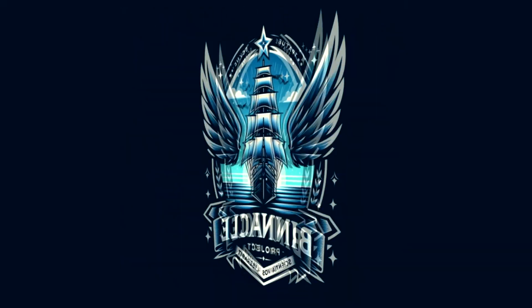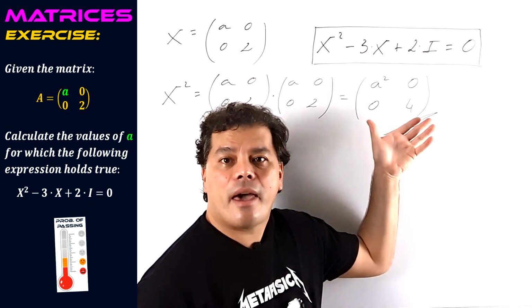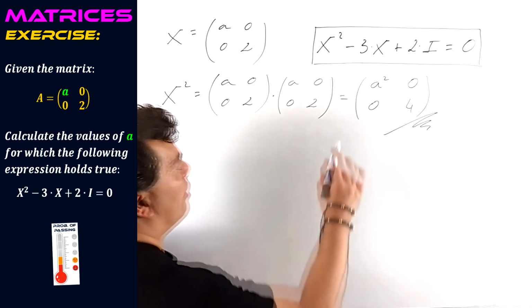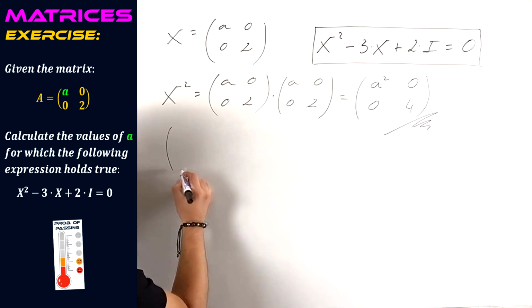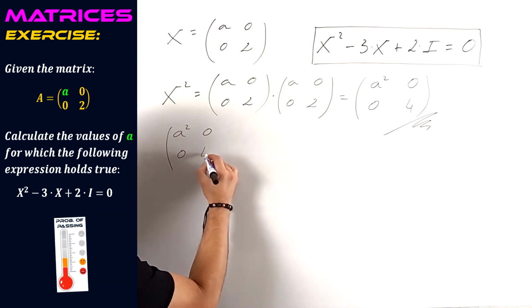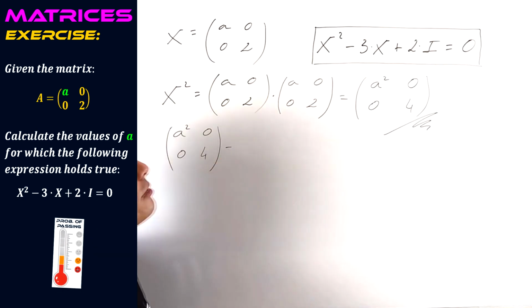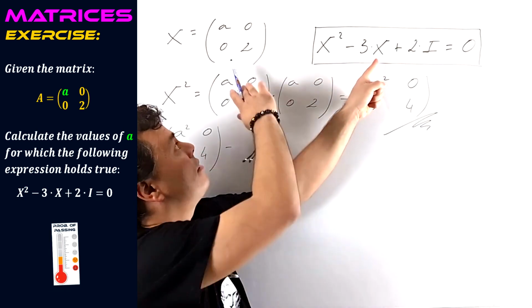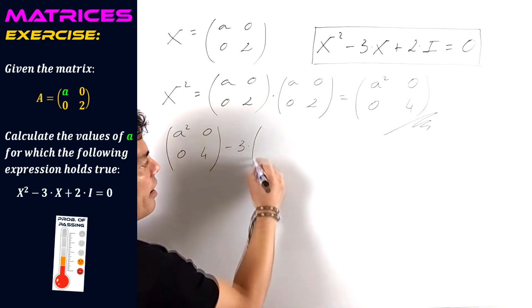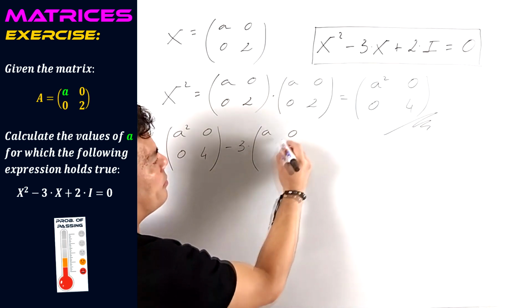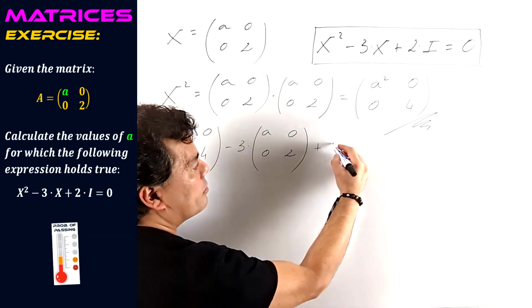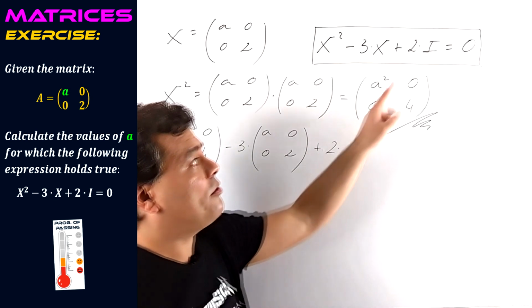And now it's time to insert this result in the initial expression. X squared, that is A squared, 0, 0, 4. And we are also placing matrix X in its position, minus 3 times matrix X, A, 0, 0, 2, plus 2 times the identity matrix.